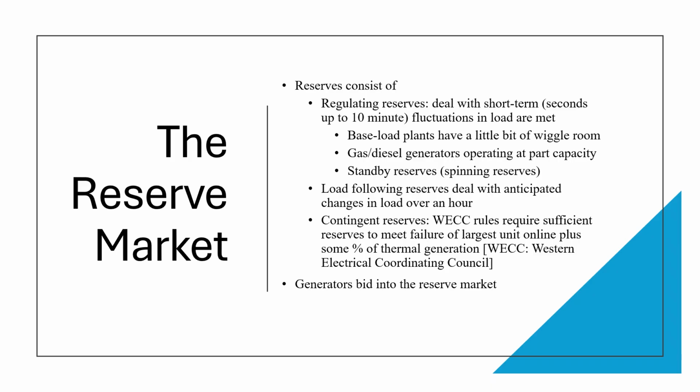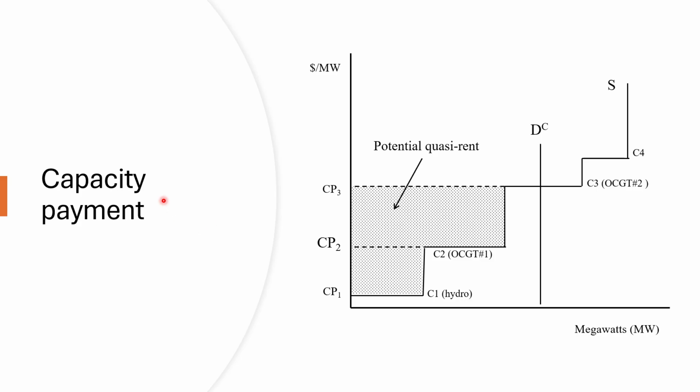The Western Electric Coordinating Council rules require sufficient reserves to meet failure of the largest unit online plus some percentage of thermal generation. So generators bid into this reserve market, and they get a capacity payment. So this is the capacity payment.